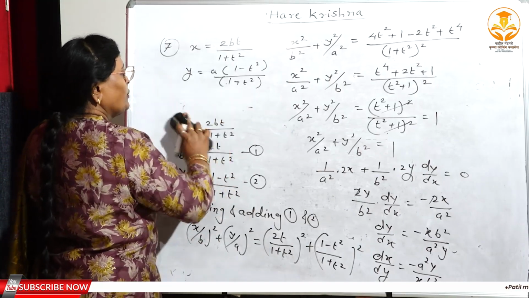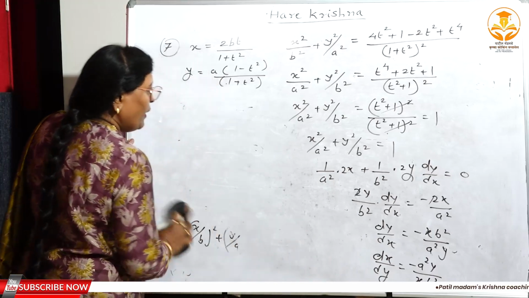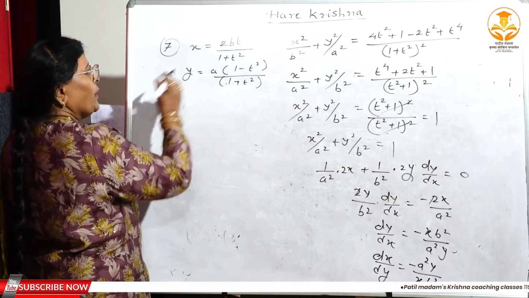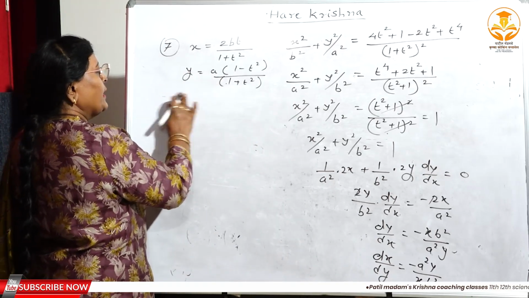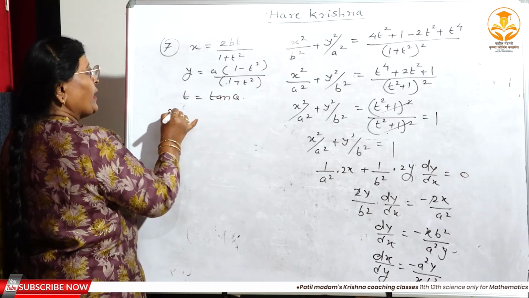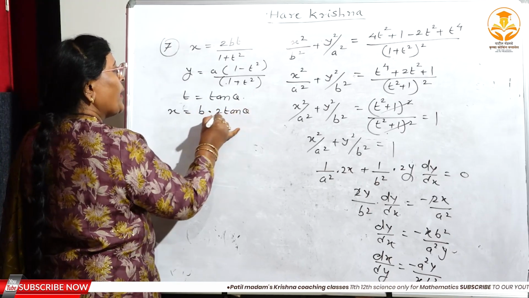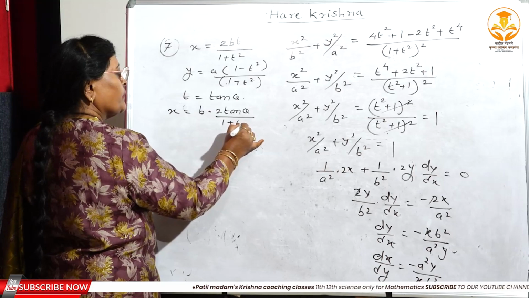Here also you can do it, see, the result is −a²y divided by b²x. Here the second method, see here. You can substitute t equal to tan θ. See this method. Therefore, x equals b remains as it is, 2 tan θ/(1 + tan²θ).